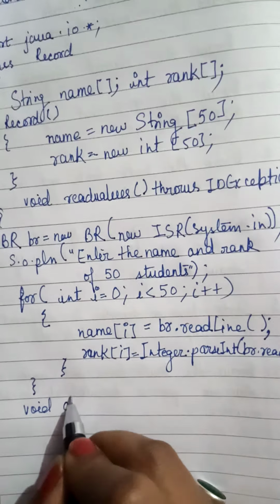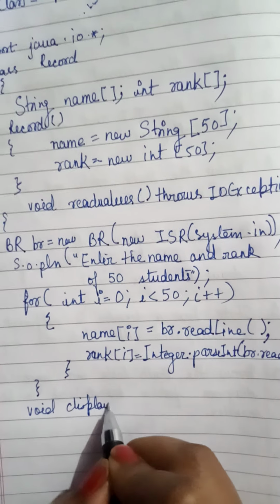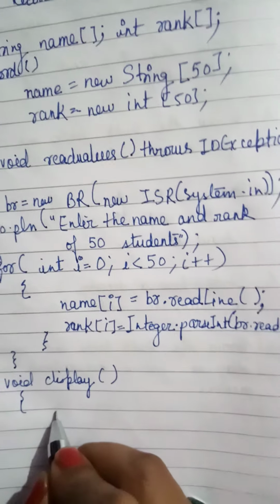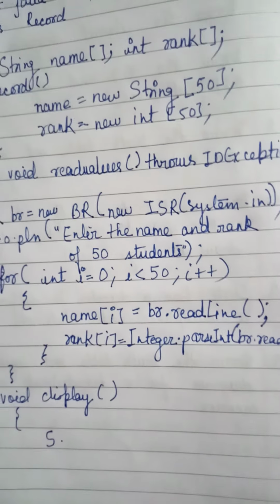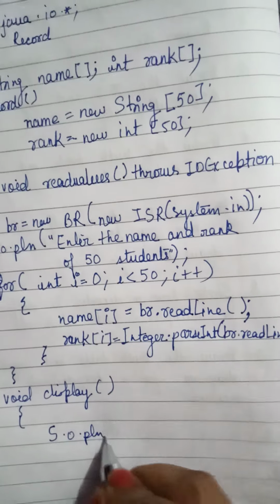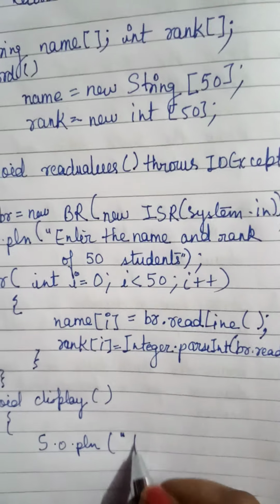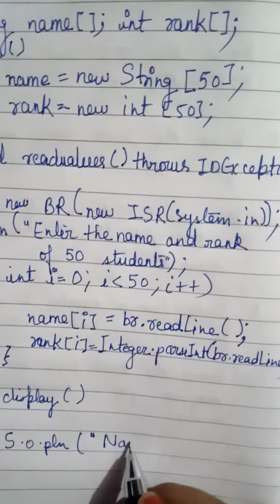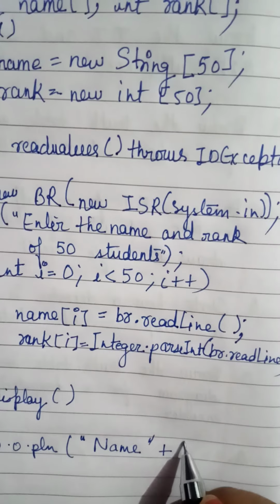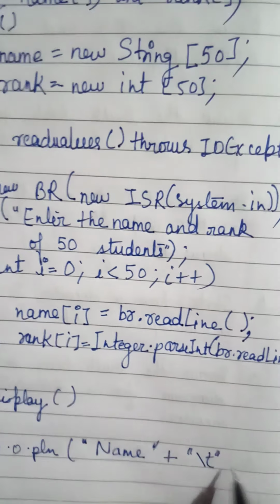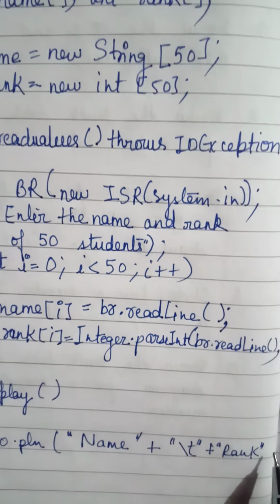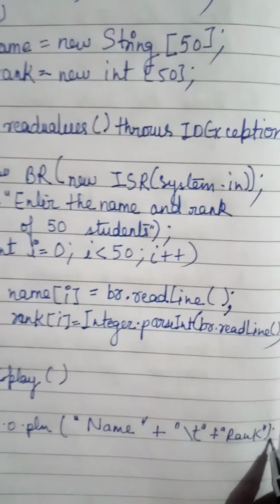In a small d, void display. What we have to do in this function, we need to display the name and rank only. So System.out.println name \t, I am putting for the space between name and rank.